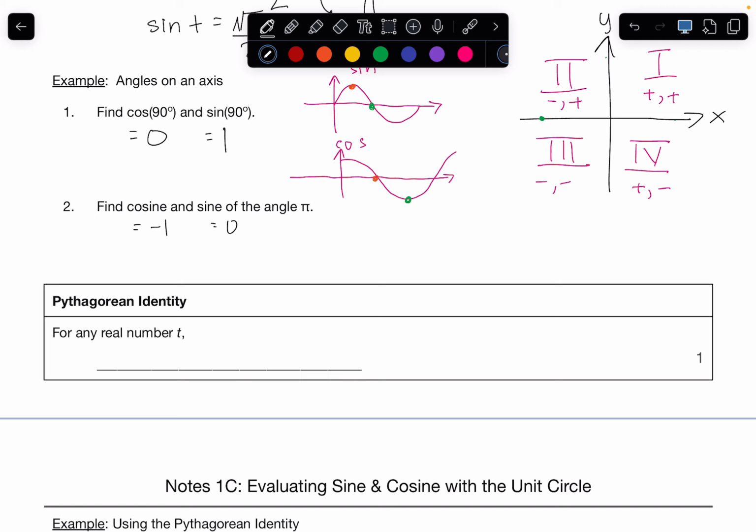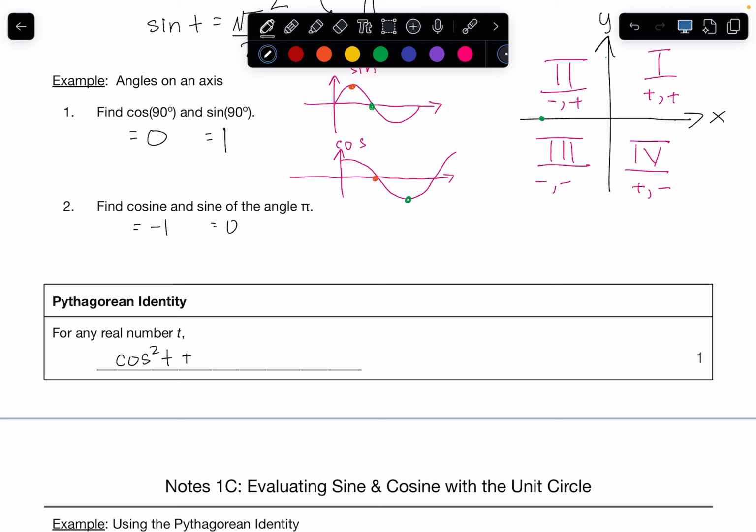But x is which trig function? Cosine. So x squared is cosine squared. Plus y squared. What trig function is y on the unit circle? A y coordinate is which trig function?